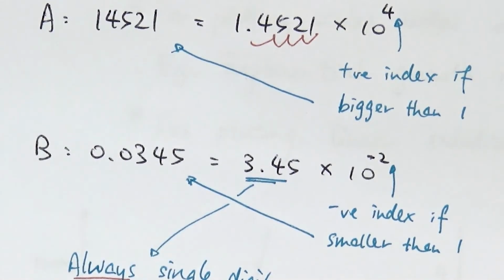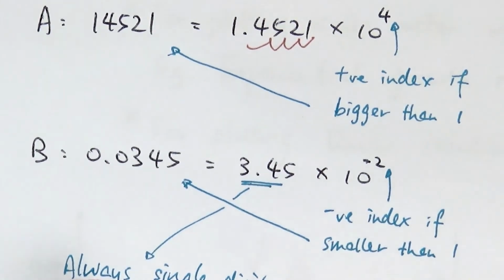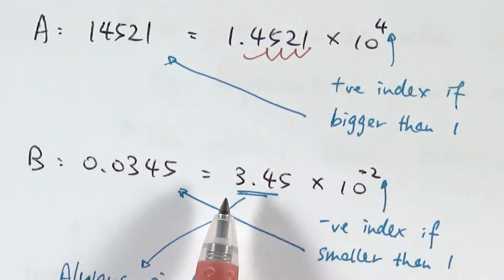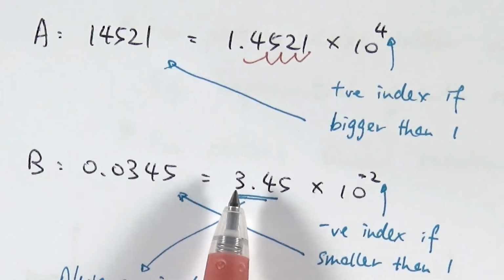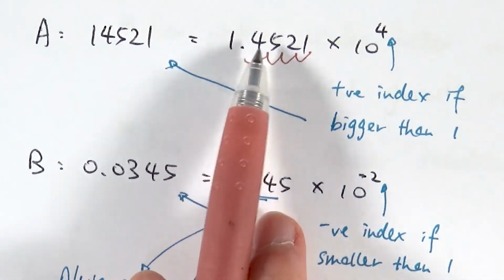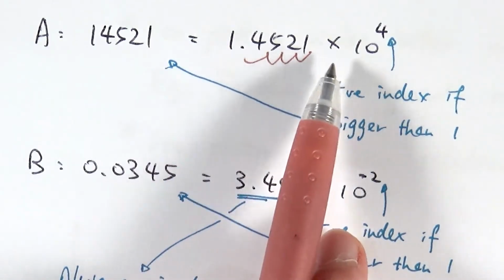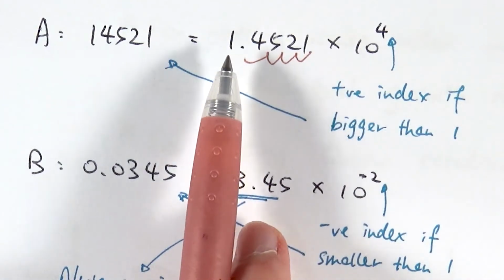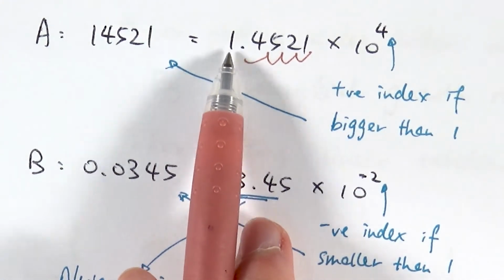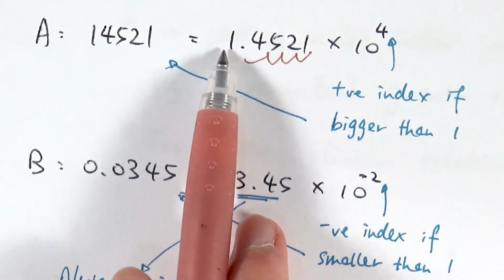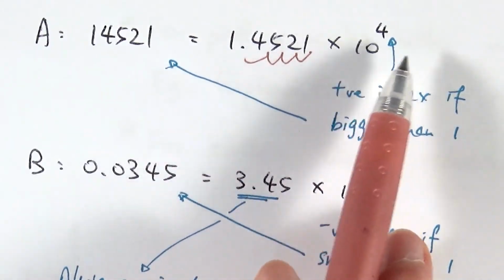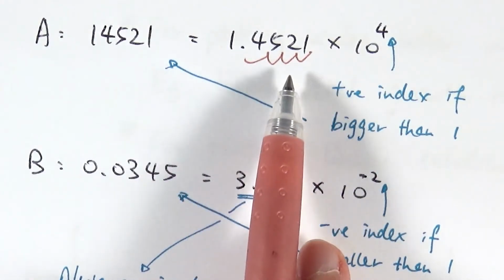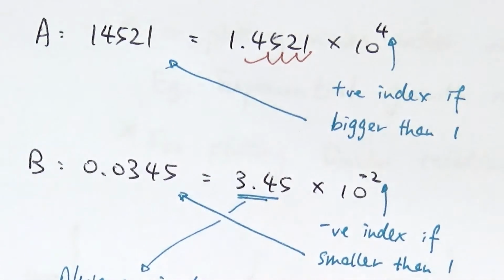You can notice it's always going to be a single digit here, meaning it can be 1 point something or 9 point something. You can't have 10 point something times 10 to whatever. The maximum number is 9 and the minimum number is 1. You can't have 0.145 times 10 to 5 either. That's not standard form. So minimum 1, maximum 9.